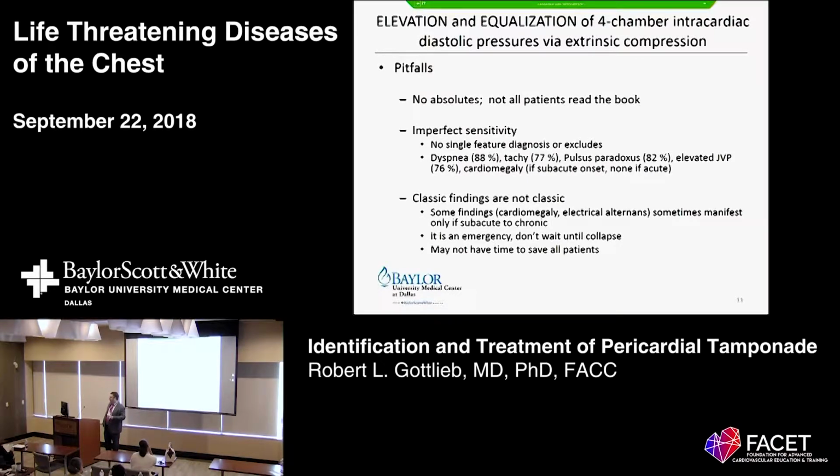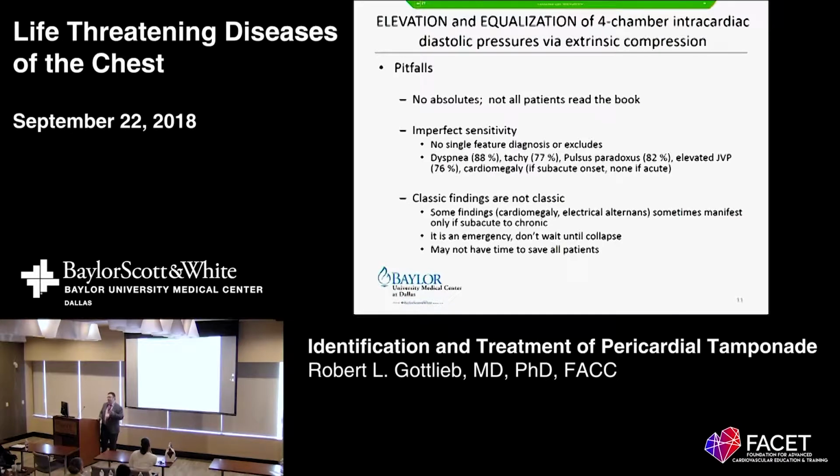Pulsus paradoxus, it's still pretty decent. Elevated JVP, we always say look at the neck veins. In resuscitation, if you have counter-chattergy, this is probably about 99%. All comers, it's only 3/4. And then cardiomegaly, if it's acute, you might not see cardiomegaly.